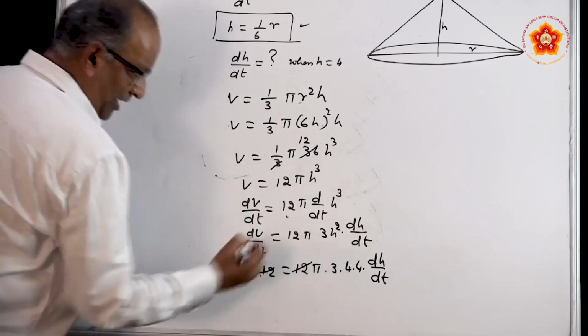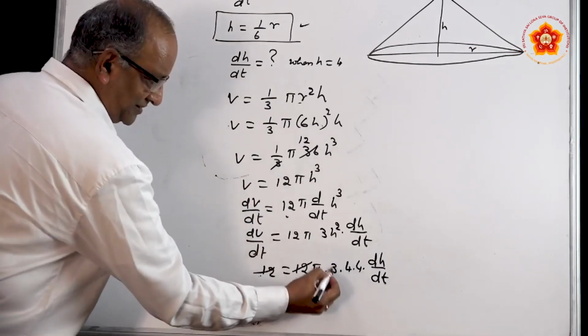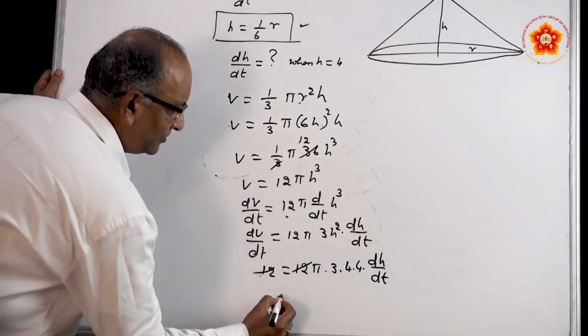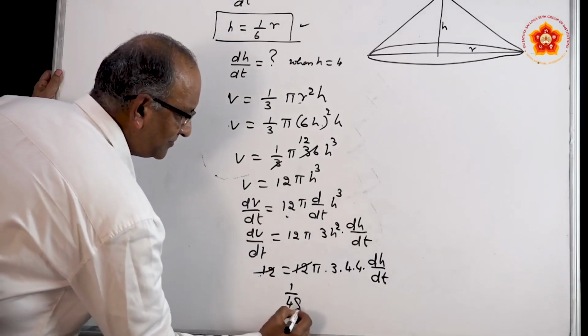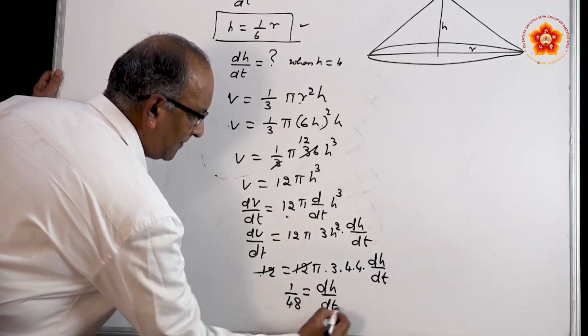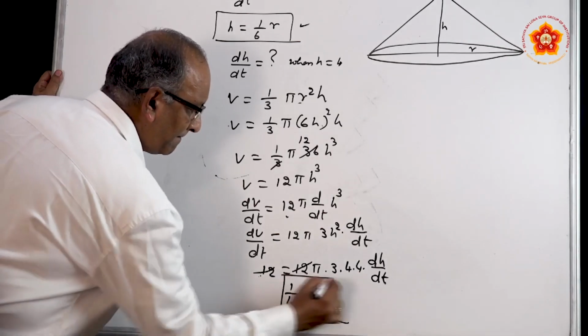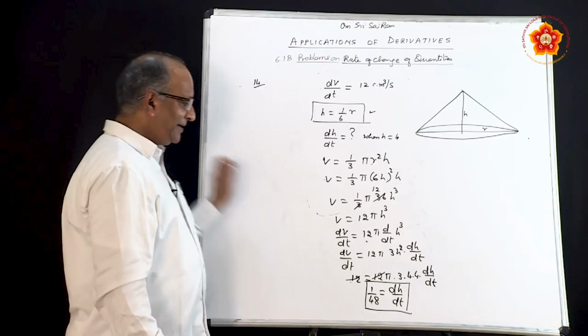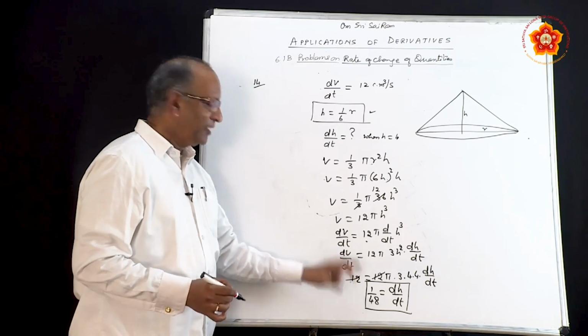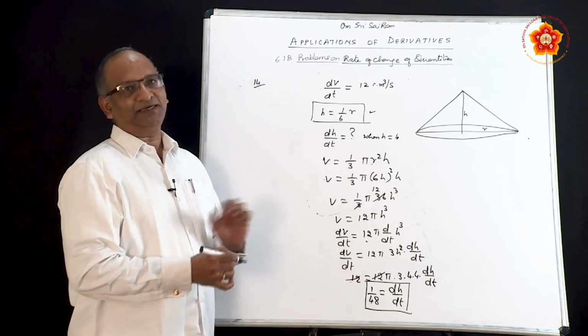Shift all this to the other side, 4 4s are 16, 3 16s are 48 pi. So, we get 1 by 48 pi is equal to dh by dt. This is the answer. The rate of change of height is 1 by 48 pi units.